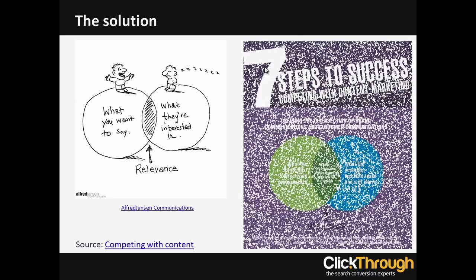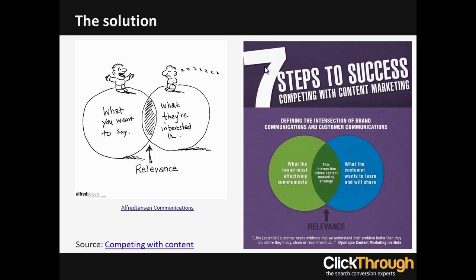So it's finding this sweet spot here which should drive your strategy, and that's the sort of content you need to find. If you're not aware of it, this quote here is from Joe Pulizzi at the Content Marketing Institute. Worth checking out their resources on content strategy as well as the ones we have at ClickThrough also.